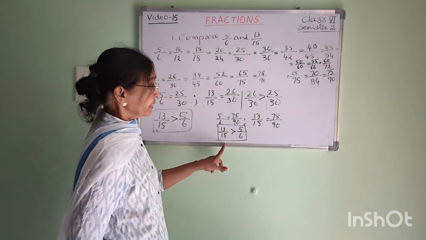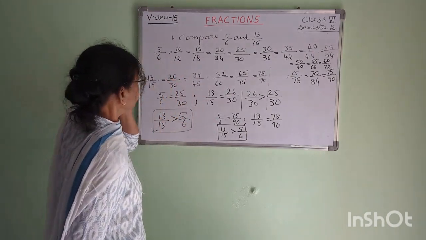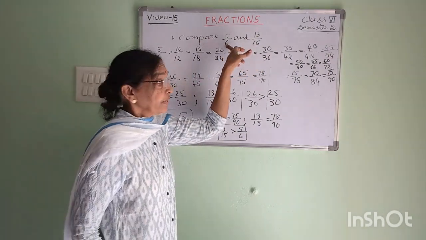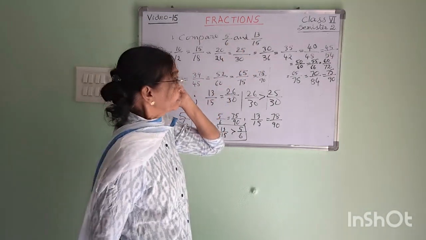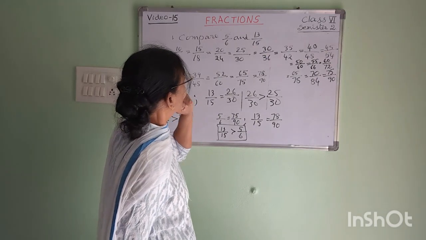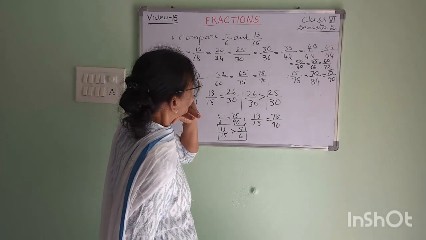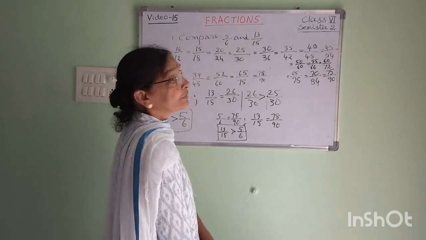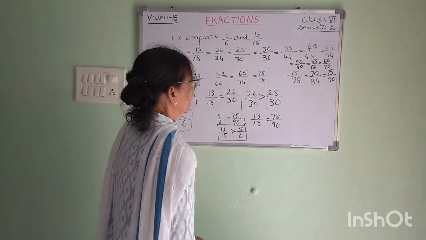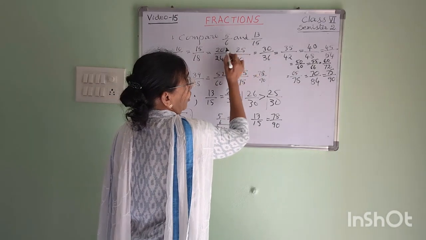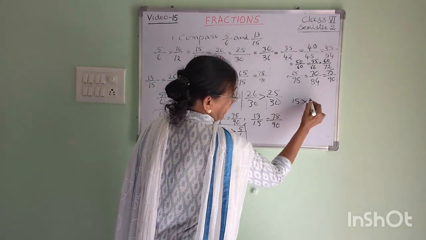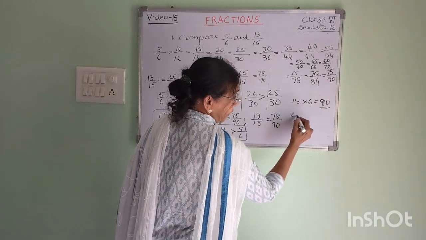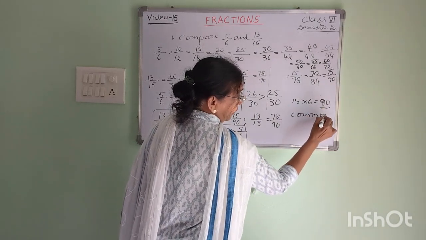But we did this because here in these two fractions, 15 6s are 90. 15 2s are 30, 15 4s are 45, 15 5s are 75, 15 6s are 90. Therefore the product of 15 into 6 is equal to 90. Therefore 90 is the common product.